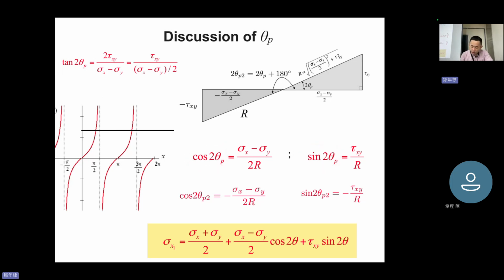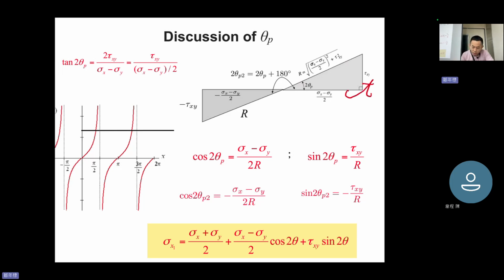Yes, we could. All we need to do is plot a 90-degree triangle. And we know that tangent 2 theta p equal to this. Okay, so tangent, right? Tangent.